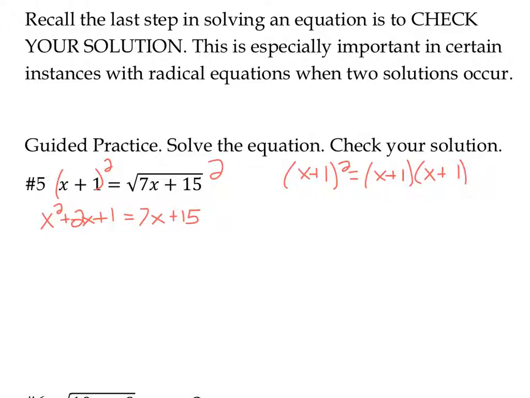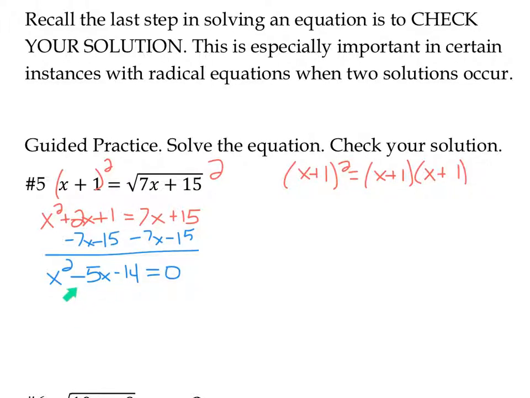So in order to do this, we're going to subtract the 7x and the 15 on both sides. And that's going to give us x squared minus 5x minus 14 equals 0.